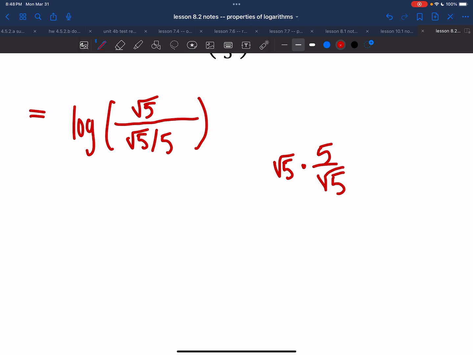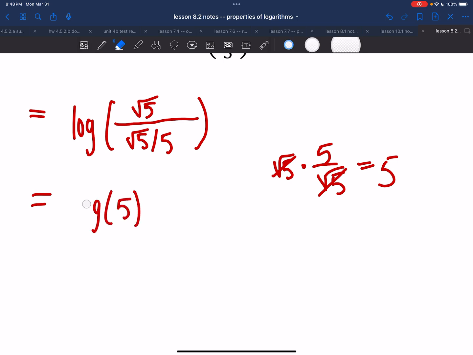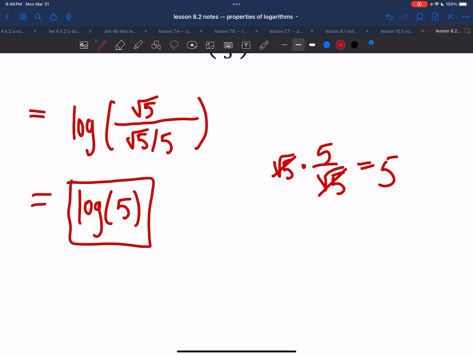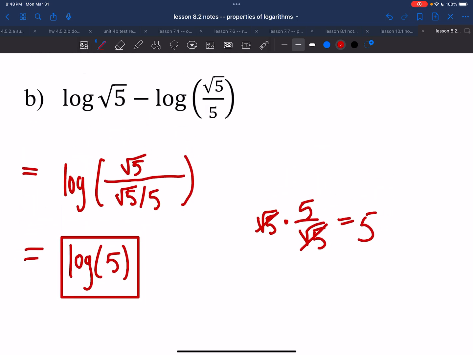This is how you can deal with division by fractions, keep, change, flip. The root 5s will cancel, and you'll just get 5, leaving us with log of 5. Ta-da! And that's it. That one's a little simple there. So, yeah, not a big deal.